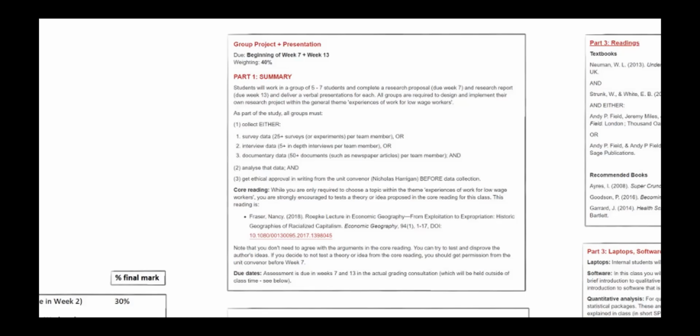And she's proposed some pretty core theoretical ideas or explanations for our modern period and the mistreatments of low-wage workers. And I want to suggest that is a really good place for you to start and try and pick one of her claims, one of her theories, as something that you can test. So that's it. It's not absolutely compulsory.